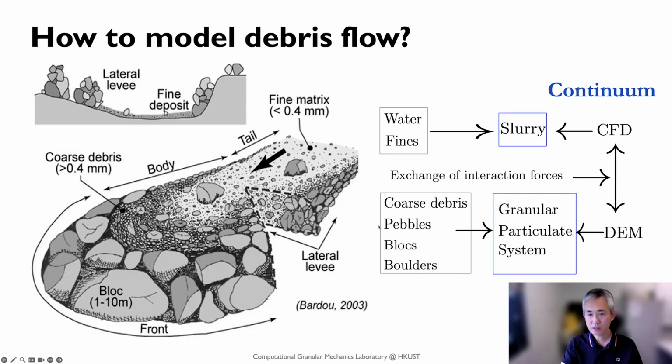And then we consider the coarse debris, the pebbles, blocks, and boulders, and we use DEM to simulate them as a granular particle system here. Okay. And then we consider the exchange of interaction forces between CFD-DEM, and in this way we can simulate a typical debris flow here. Right.